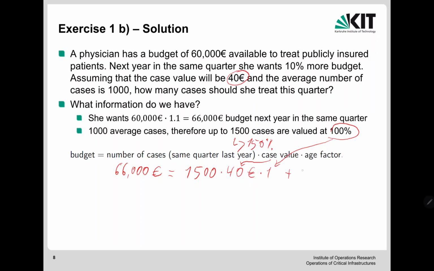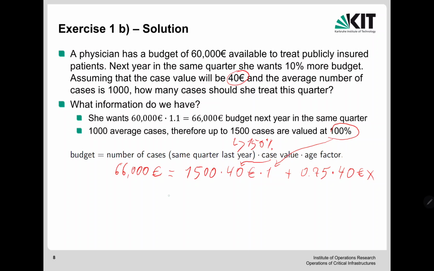Plus, and now we know that the remaining cases will be only evaluated at 75% of the case value of 40 euros. So we want to know this number of cases that gives us 66,000 euros next year.